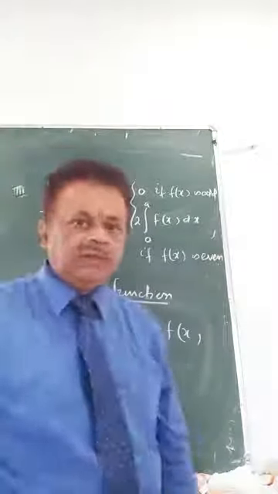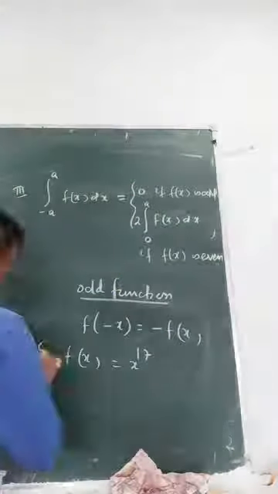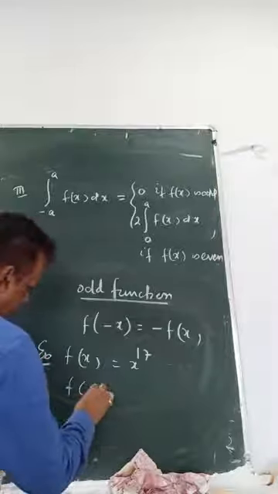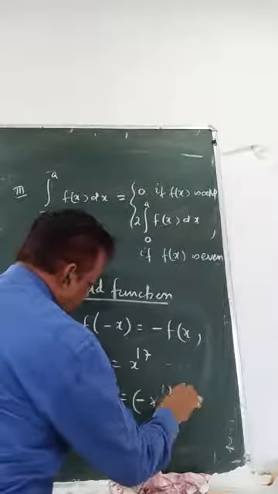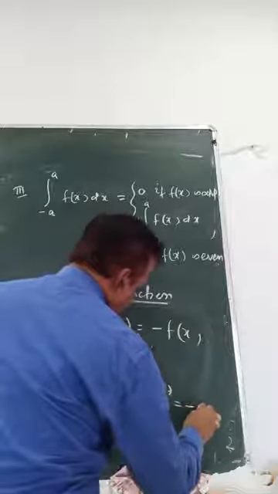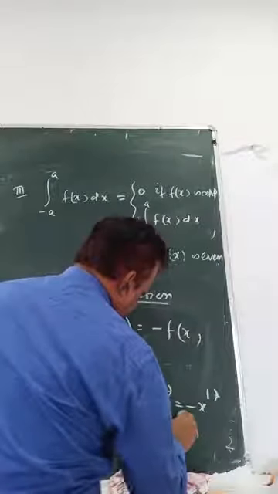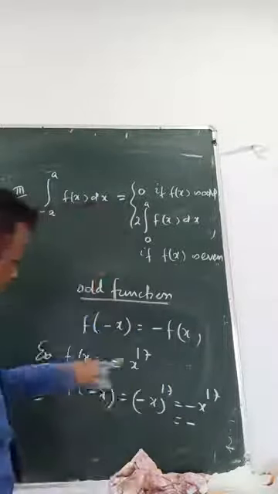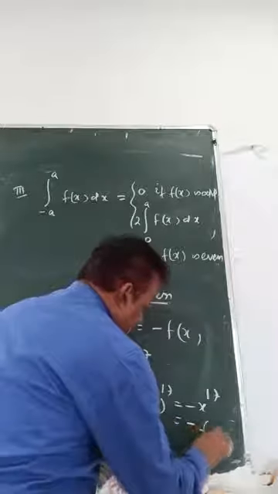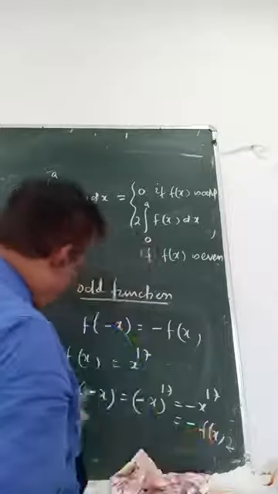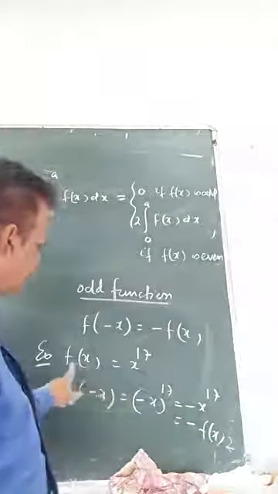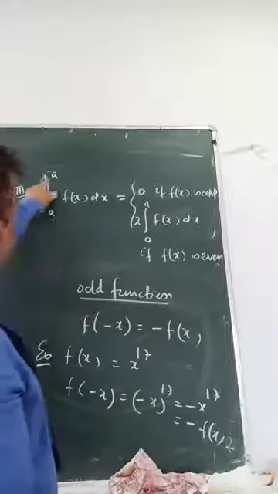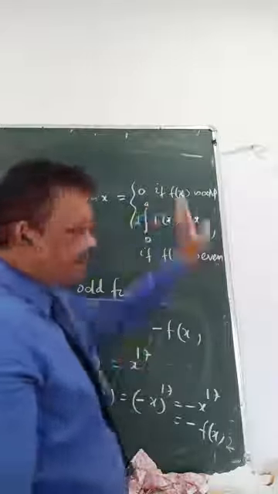Then what is f of minus x? It is minus x to the power 17, which means minus f(x). So f of minus x became minus f(x), which means this is an odd function. So when you integrate this, its value should be 0.